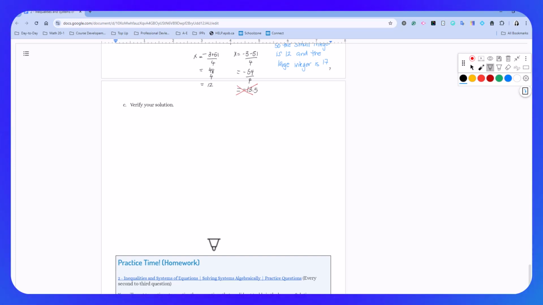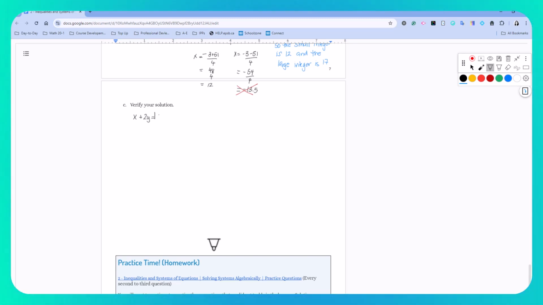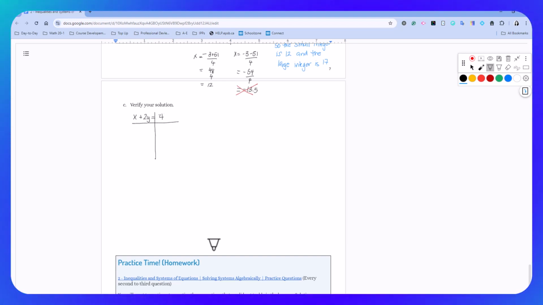Now to verify, remember, we're going to have to test it in both of the equations. So the first equation was x plus 2y equals 46. So when x equals 12 plus 2 times 17, we get 12 plus 34, which equals 46.